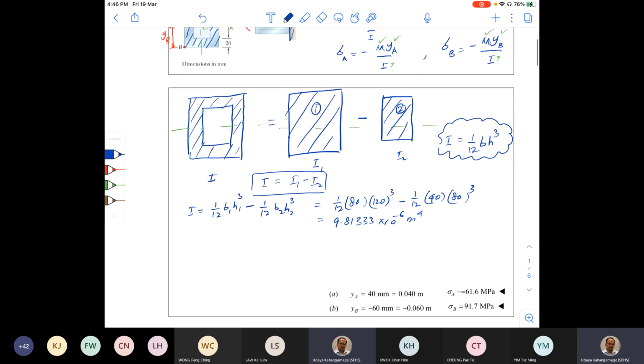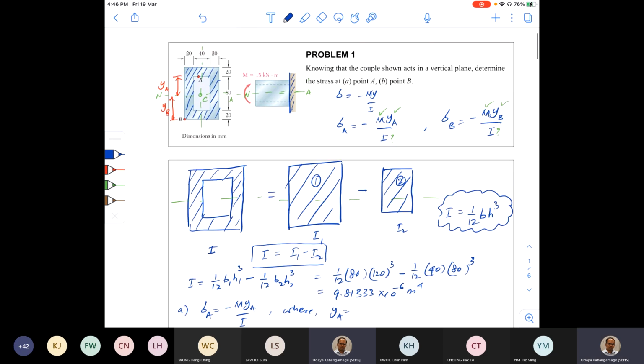Now the rest is easy, right? So you get the part A there. Sigma A is equal to negative M YA over I, and here YA, how much? What is the size of that?